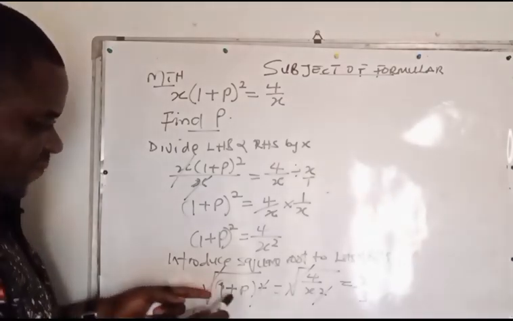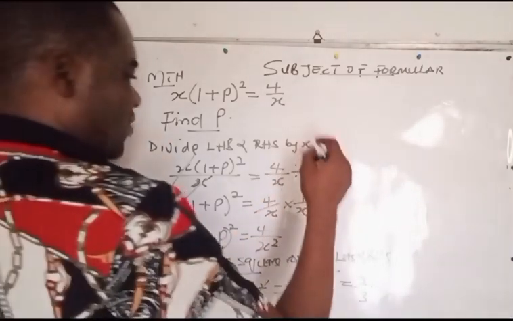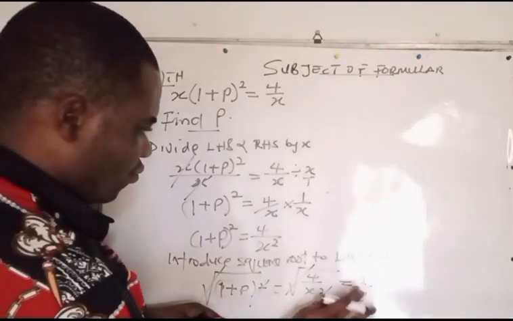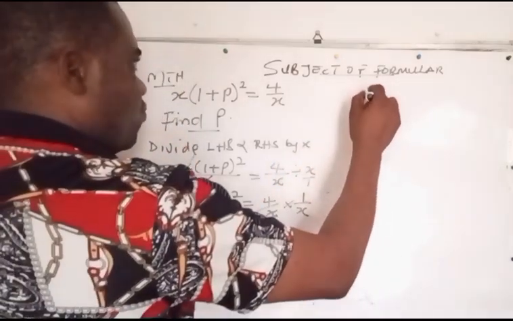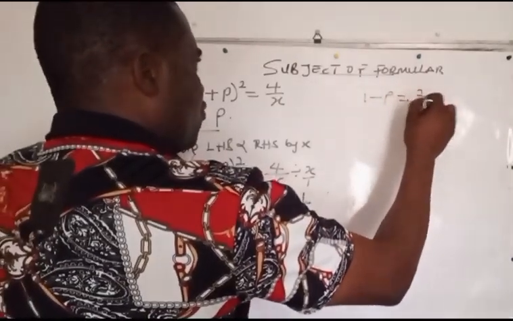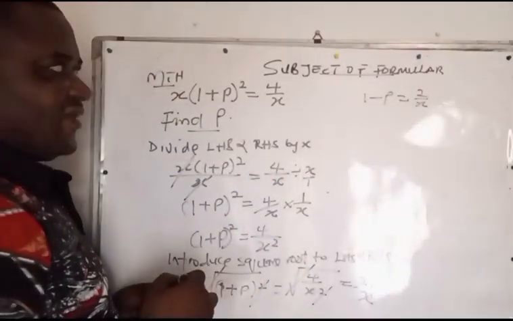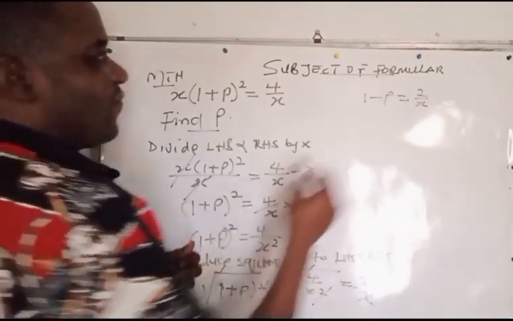So we're going to have 1 plus p is equal to 2 over x. And with this, we simply are going to look for our p.